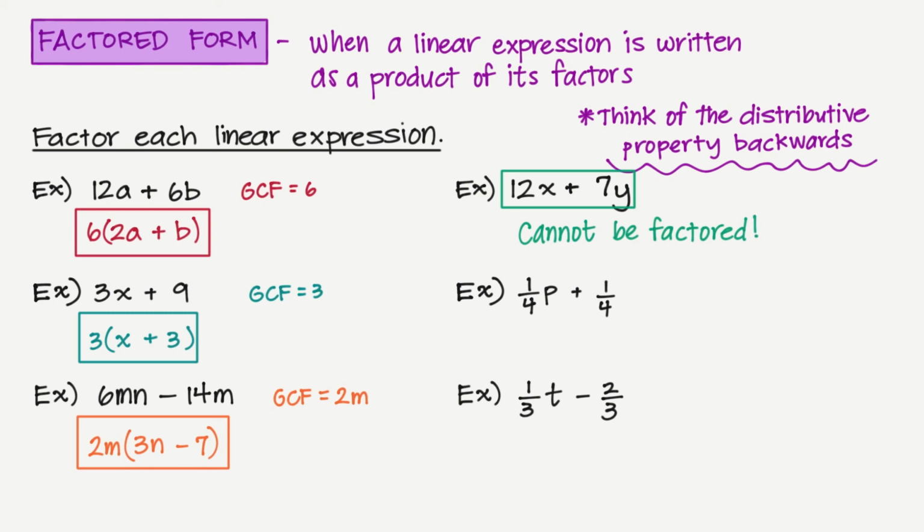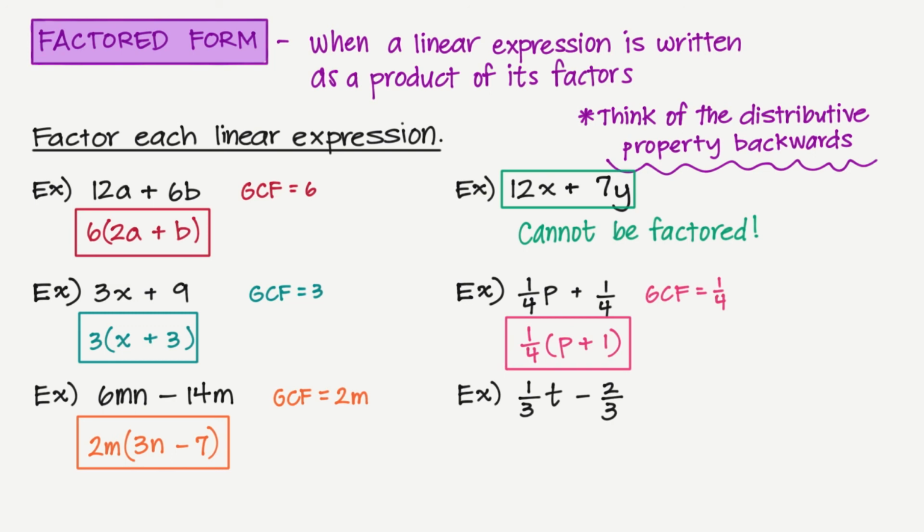So looking at my next example, I could see that they both have a 1/4 in common. So that is going to be my GCF, is 1/4. So I'm going to factor out 1/4. And I'm left with, on the inside, p plus 1, because 1/4 times 1 equals 1/4. And so that is the factored form of that example.